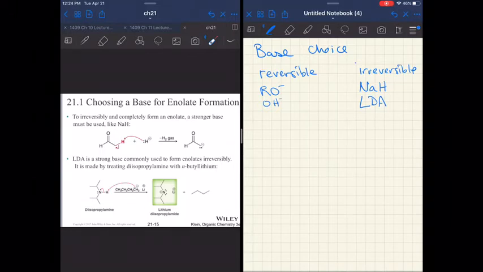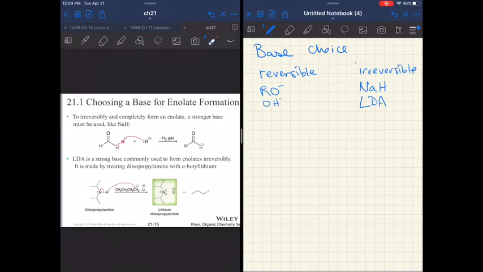One of the reasons why NaH is such a good base is because the hydride, very strong base, is going to pick up that hydrogen, but then it's physically not going to allow it to go backwards because that H2 is just going to leave, right? It's going to bubble off and it's going to go away. So you can't go backwards if you don't have any H2 around. And so it only goes forward. So you can completely deprotonate this and have just your enolate intermediate ready for the next step.